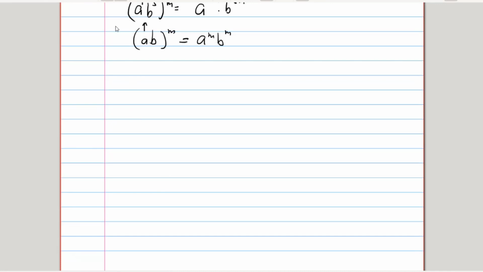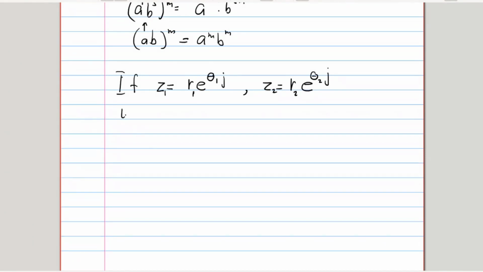So if Z1 is equal to R1 e to the j theta 1, and Z2 is equal to R2 e to the j theta 2, right?